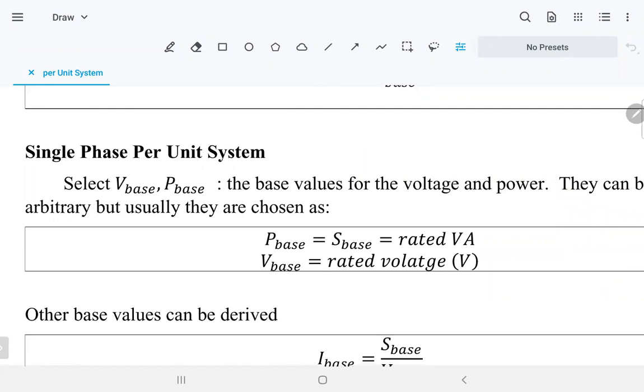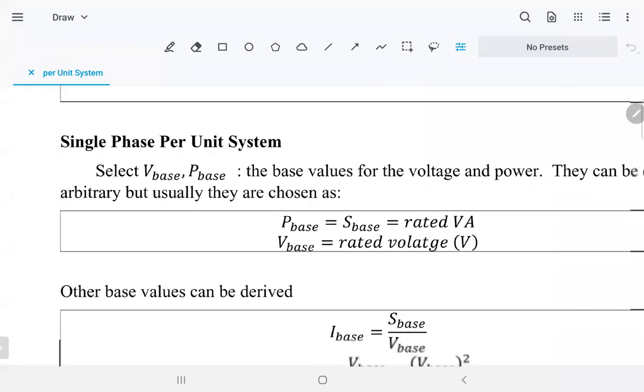And using these two bases, you can derive the other bases, like if you want to find the current base, so you can express the current in per unit values. Very simple. We're going now to derive the other base quantities, but it's important to know you choose for any system two basic quantities as base, one for the voltage and one for the apparent power.